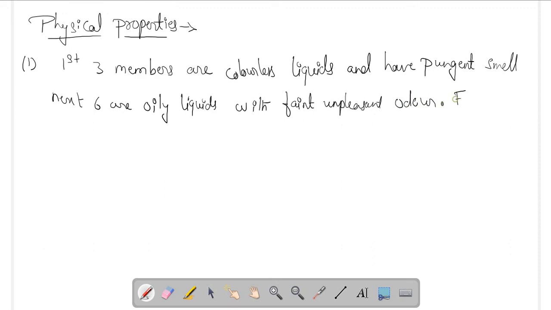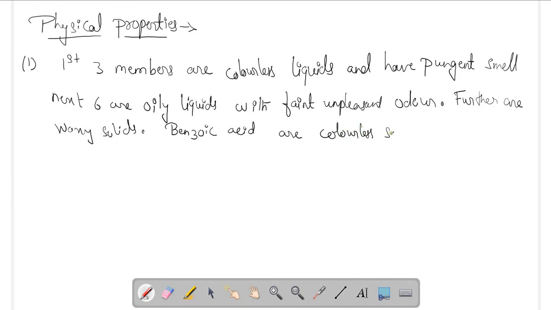Further members are waxy solids, while the aromatic acid, that is benzoic acid, is a colorless solid. Benzoic acids are colorless solids.